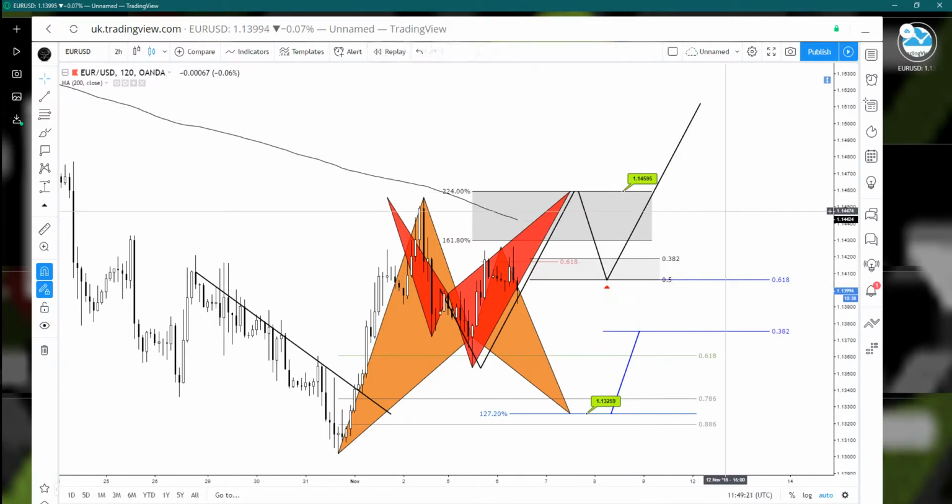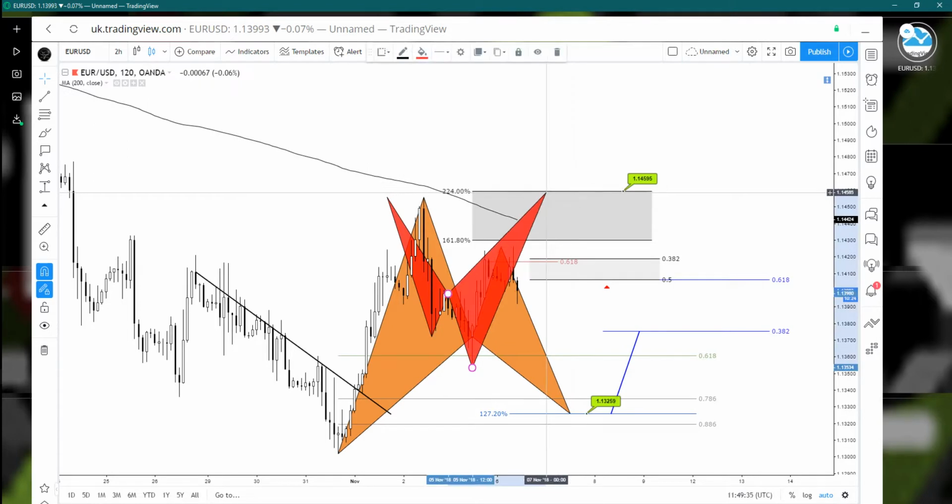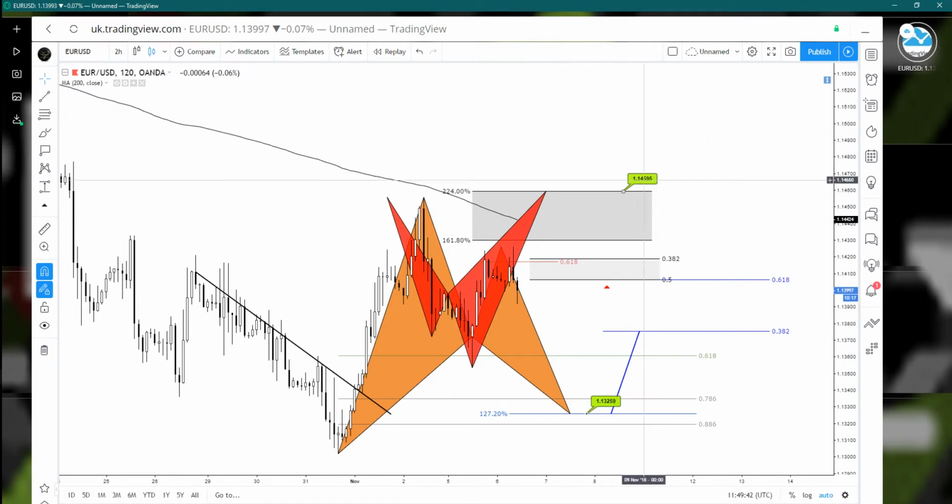Okay, assumption after assumption, we need to wait for the market to develop, to validate those eventual patterns, or to increase the probabilities for the price to develop into those patterns.